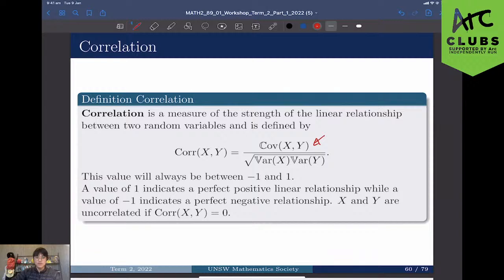And if the correlation between x and y is 0, then x and y are uncorrelated. As an extension, the correlation between x and y is going to be 0 if x and y are independent. So independence gives 0 covariance, so 0 correlation.